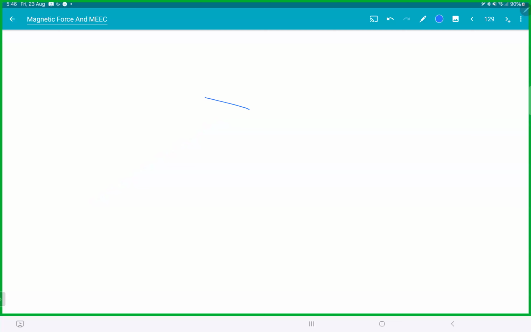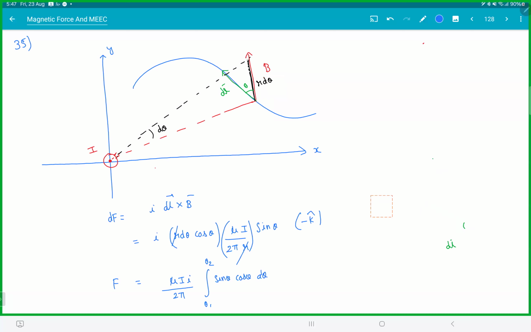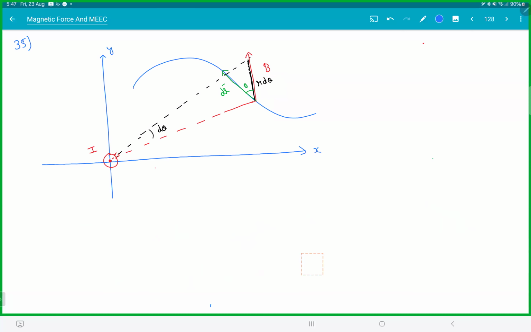When you take any random vector here, you can represent this into two parts, dr bar and r d theta bar. I think I'm writing reverse actually. You have to represent dl bar into two components.